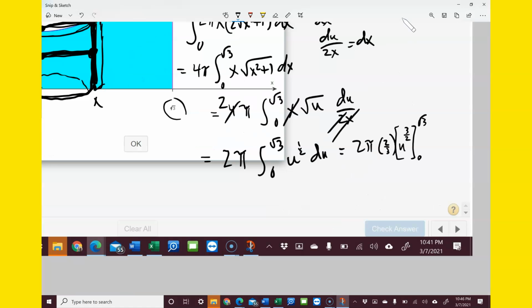And substitute back in for u, that's going to be 4/3 pi times x squared plus 1, square root of x squared plus 1 cubed, from 0 to square root 3.